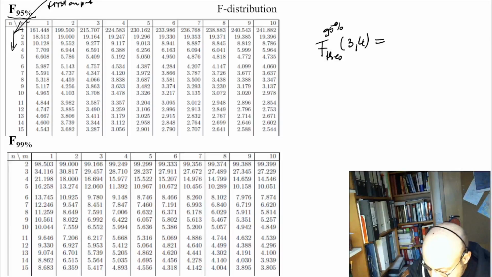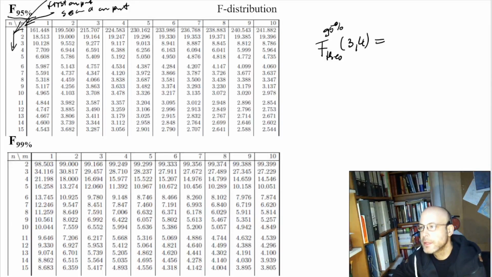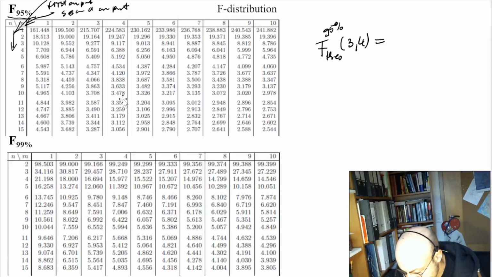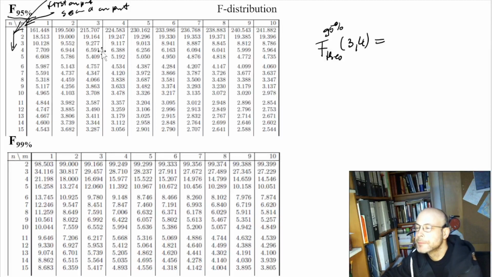And this is the second component. So it would not be 6.59, but you only have to interchange the 3 and the 4.